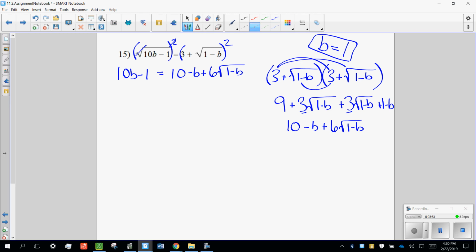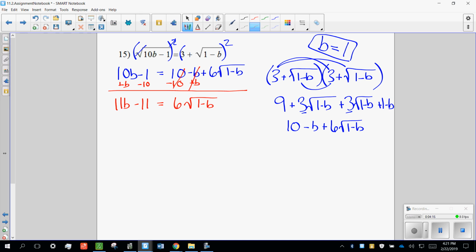Now let's subtract 10 from both sides, and let's add b to both sides, and we will get 11b minus 11 is equal to 6 square root of 1 minus b.